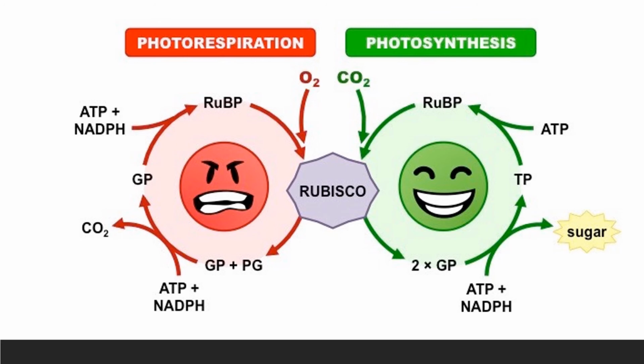Okay, so as we know, photosynthesis is using carbon dioxide to produce food for the plants. In photorespiration, it actually uses oxygen, and it produces more carbon dioxide.